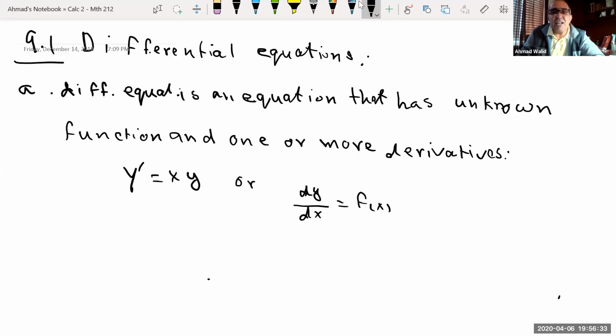I have an unknown function in it, and I also have a derivative in it. Where is the derivative? Here, dy/dx is the derivative. Then an equation that has an unknown function and one or more derivatives in it, we call it a differential equation.